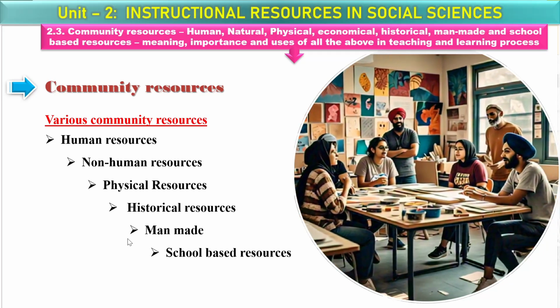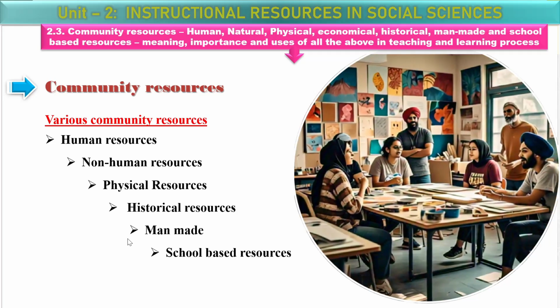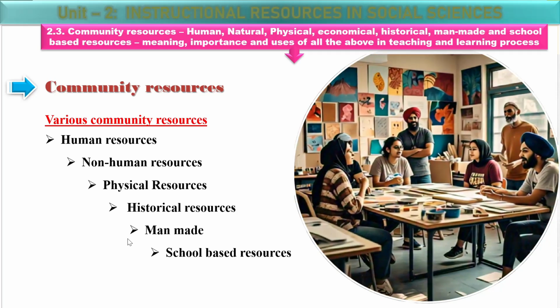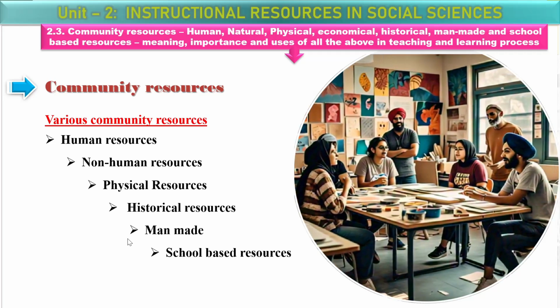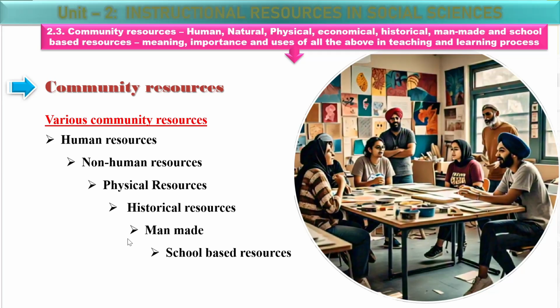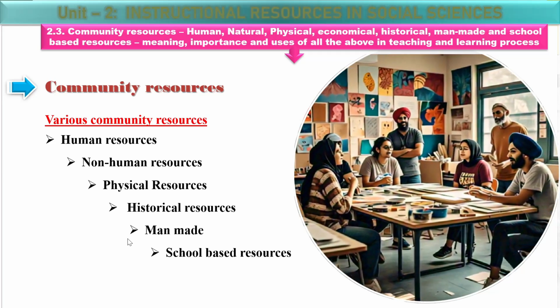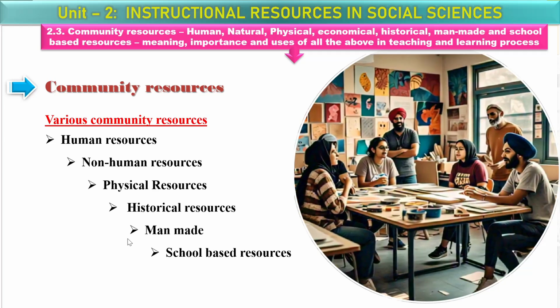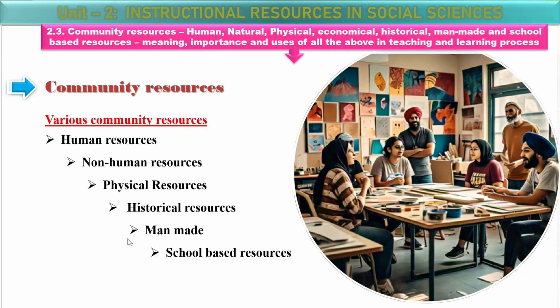Sometimes you might have taken students to watch some educational movies. We have a theater, we have restaurants to take them and teach them the manners of how to dine. Then coming to the services. So we talked about people as a community resource, places as a community resource, then services.